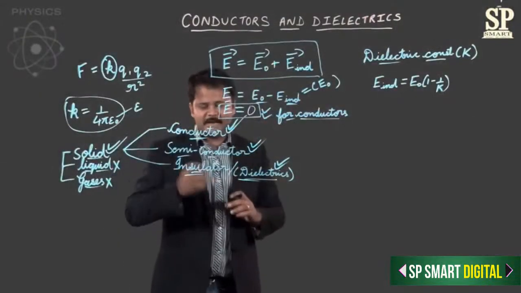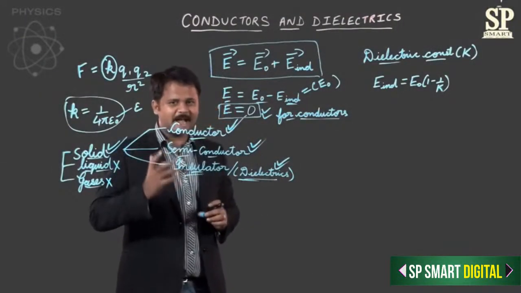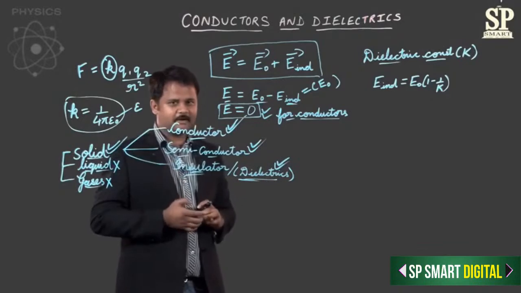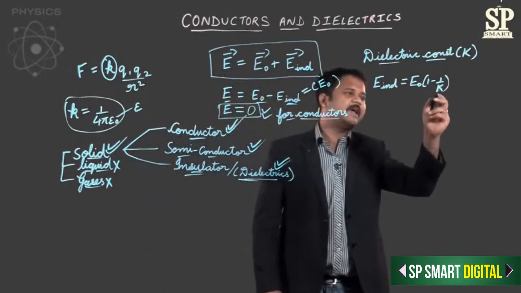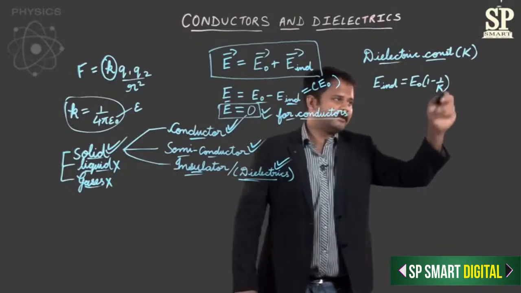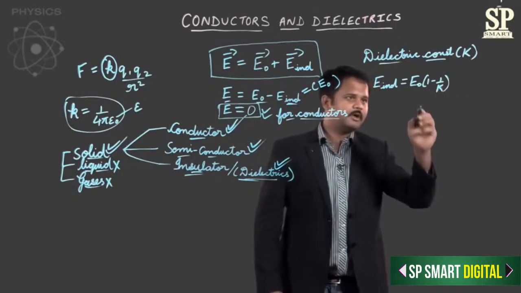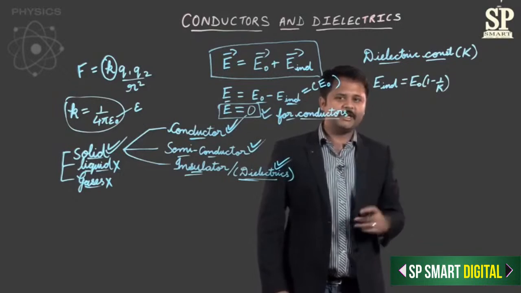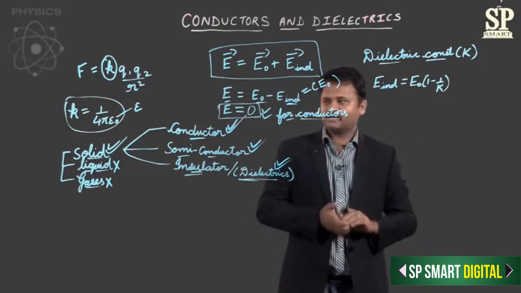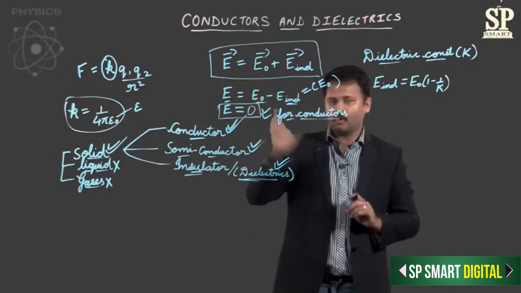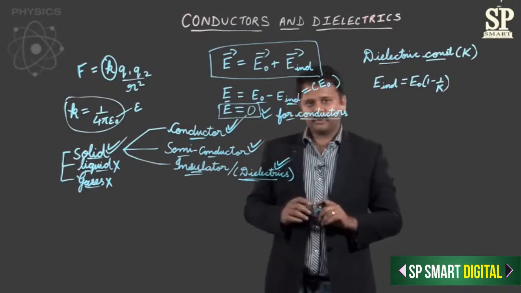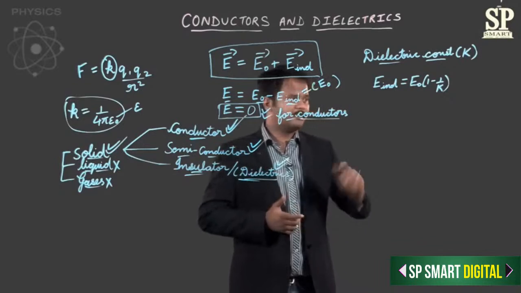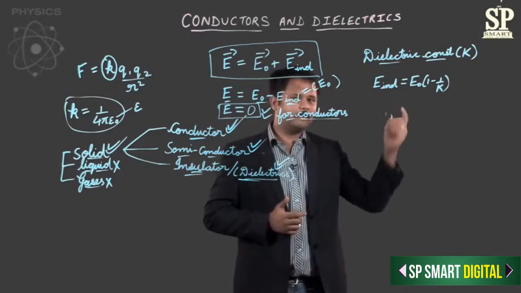Now, let's say if you want to find out what is the dielectric constant of a conductor, you notice in this formula, if you put K equals infinity, this term 1 upon K goes to 0, and you get E induced equals E naught in the steady state. And this was what the result was when we had obtained it. Similarly, if you put vacuum, if there is nothing, then it has a dielectric constant of 1.